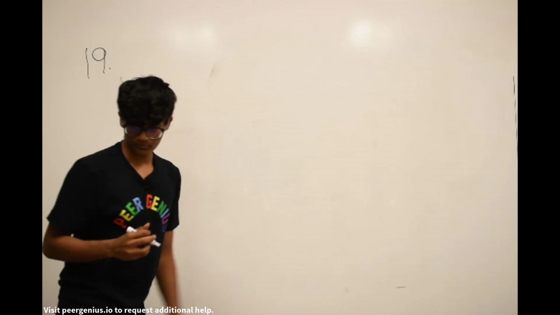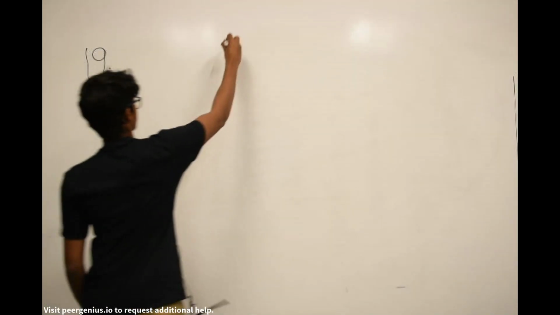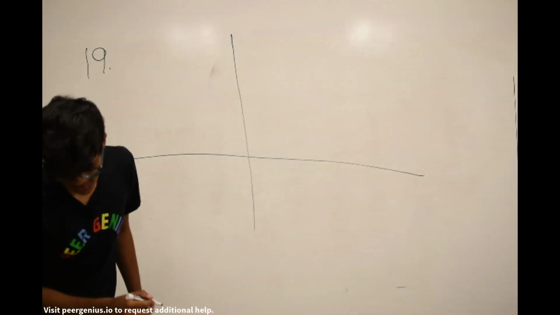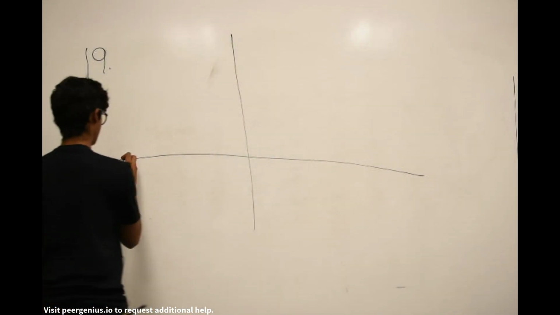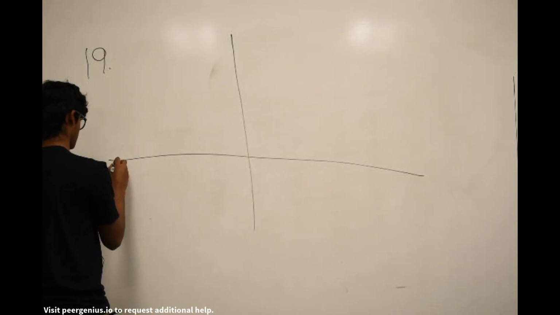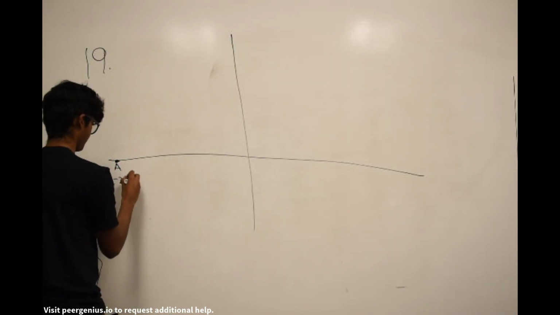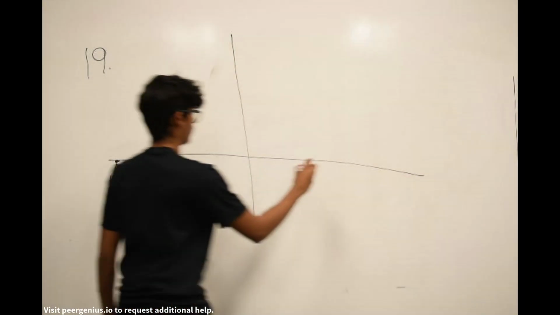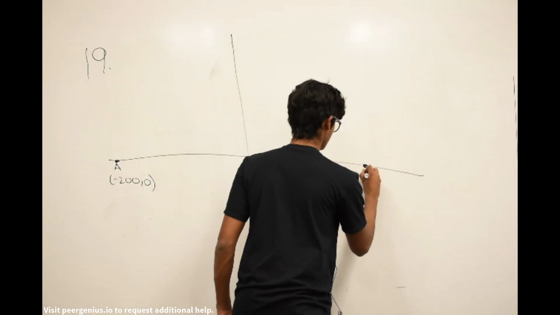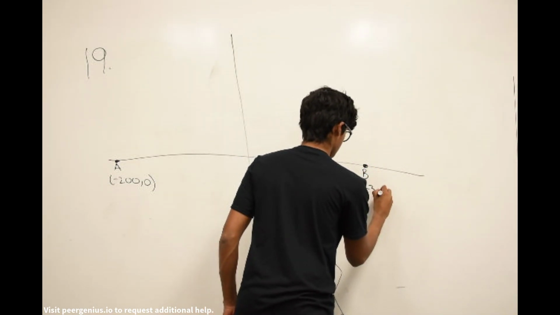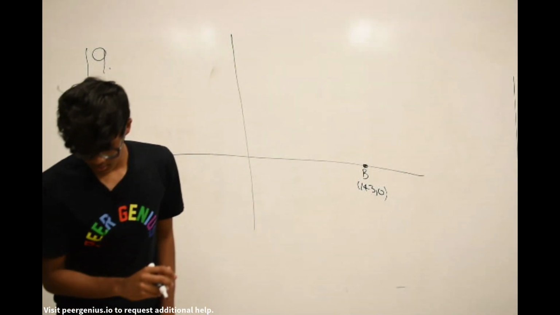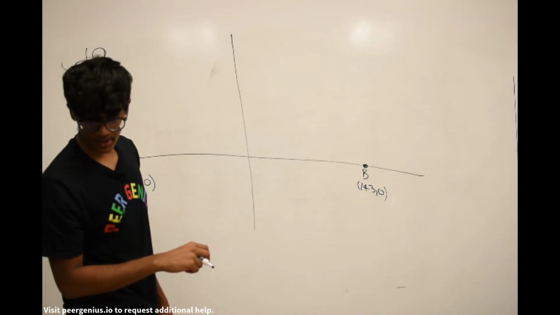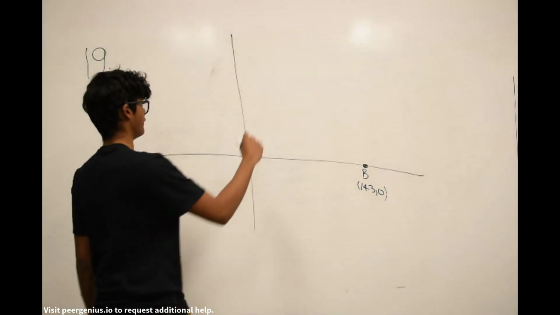So I'm going to draw a graph first. The point A is at (-200, 0), and B is at (143, 0). AC equals 210 and BC equals 259.